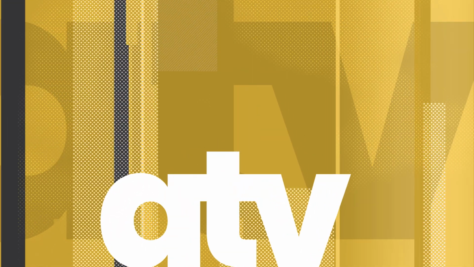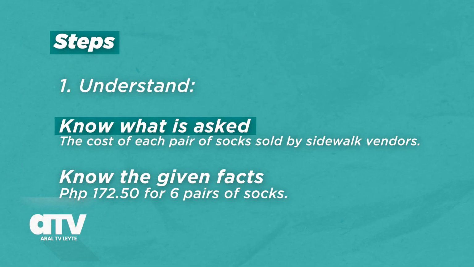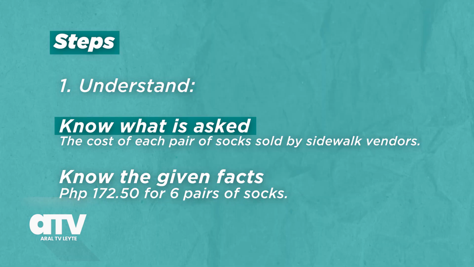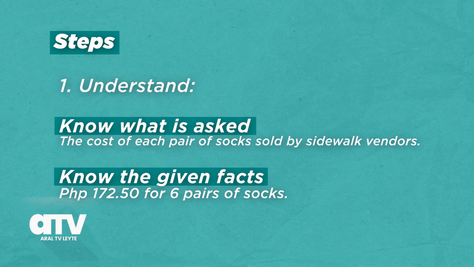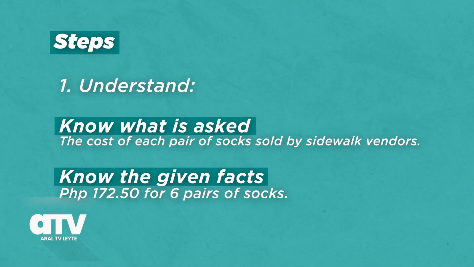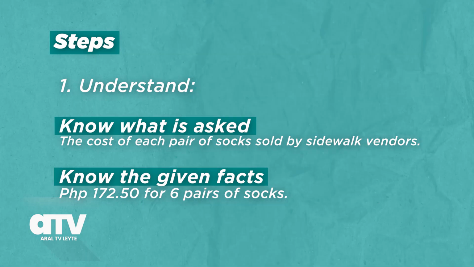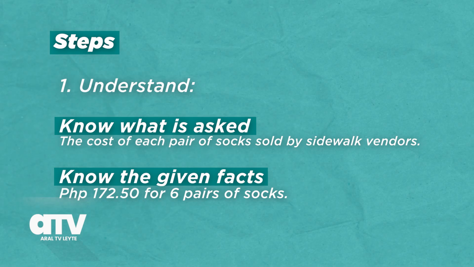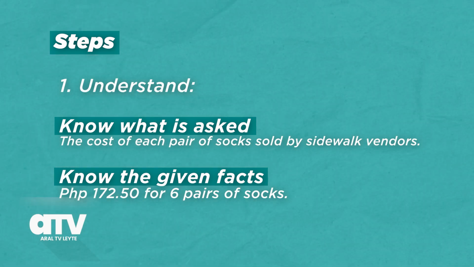The steps are: number 1, understand. Know what is asked. The cost of each pair of socks sold by sidewalk vendors. Know the given facts. We have 172 pesos and 50 centavos for 6 pairs of socks.